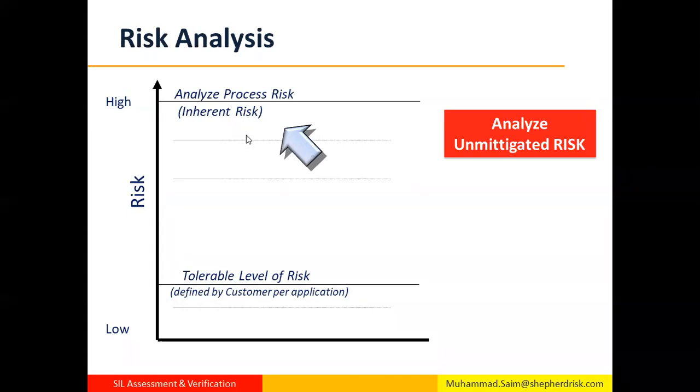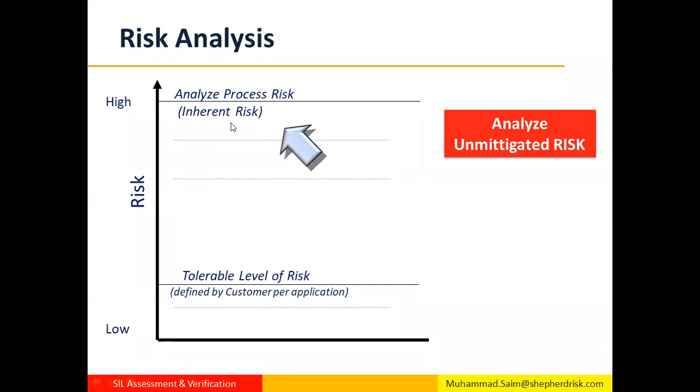If the inherent risk is below the tolerable level of risk, then fine. We need not have any further risk mitigations. So this is the line below which we need to operate.